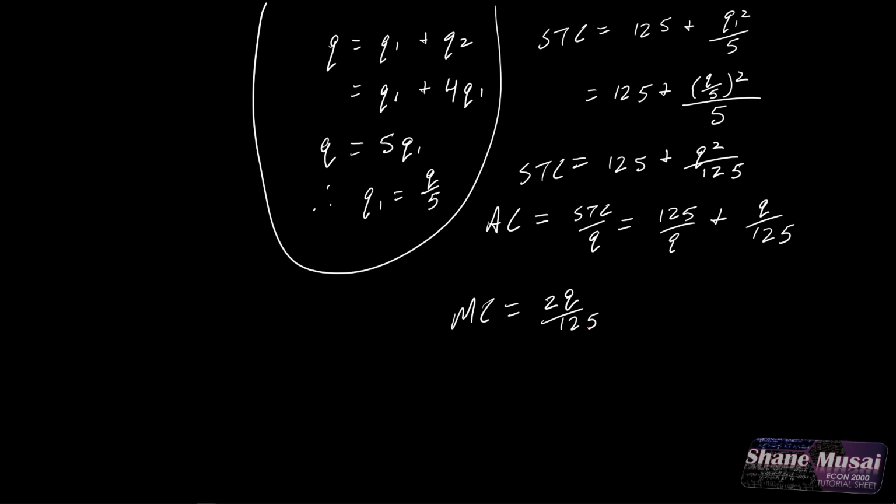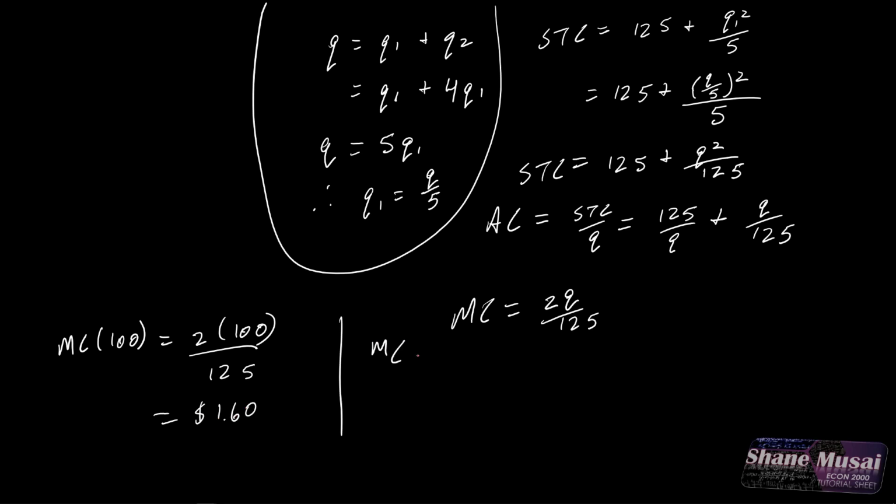Now the question also says to calculate the marginal cost for the 100th widget, the 125th widget, and the 200th widget. The marginal cost for the 100th widget would be 2 times 100 divided by 125, which would equal $1.60.